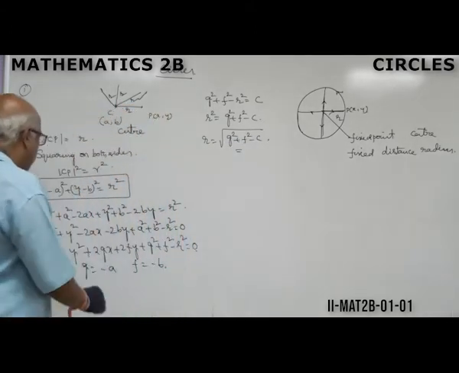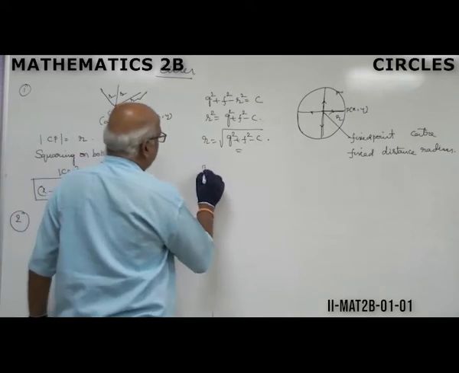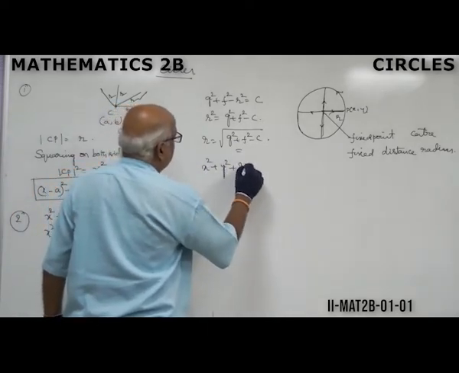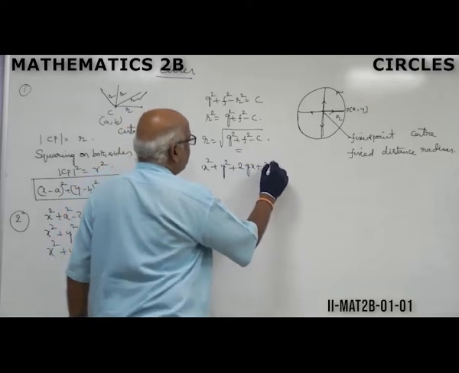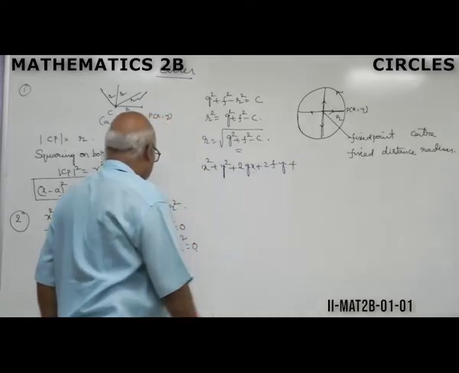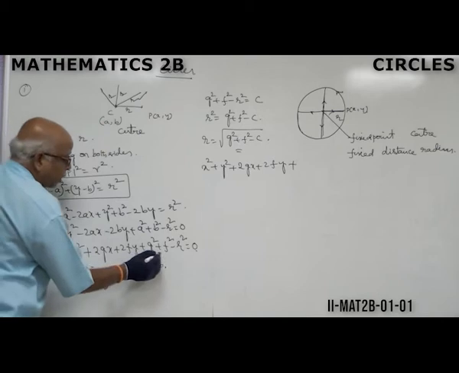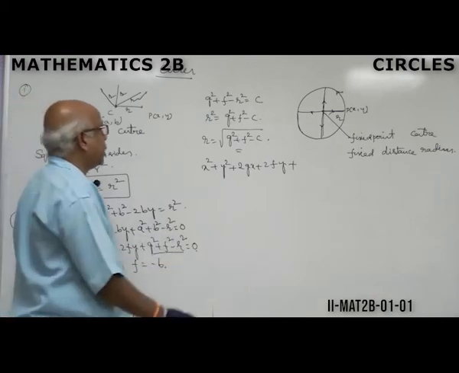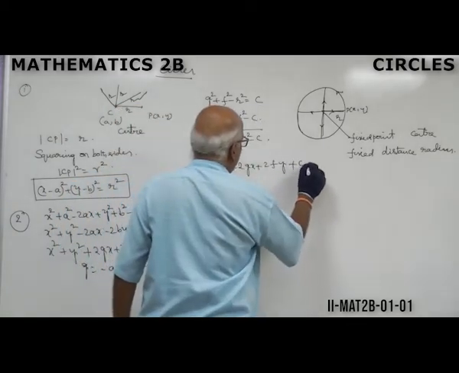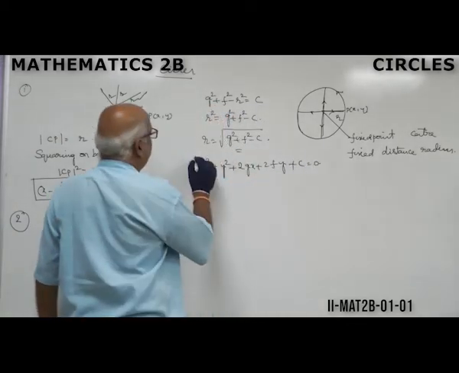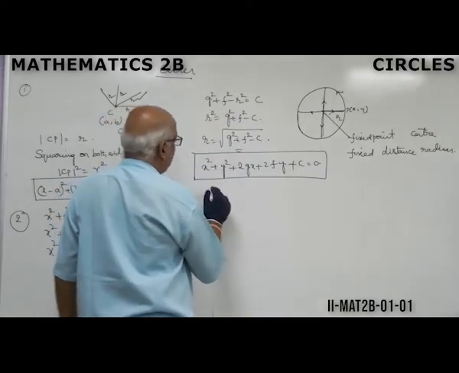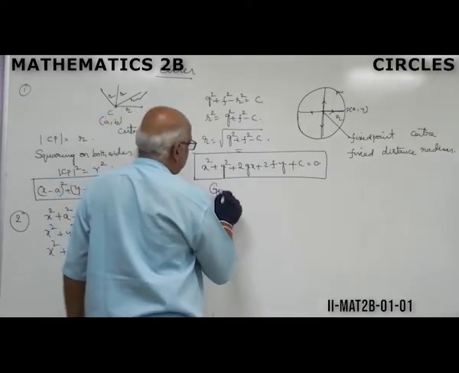So, I will rewrite this once again. x square plus y square plus 2gx plus 2fy plus, in the place of g square plus f square minus r square, I will put the constant c, equals 0. This is called the standard form of the circle or the general equation of the circle.